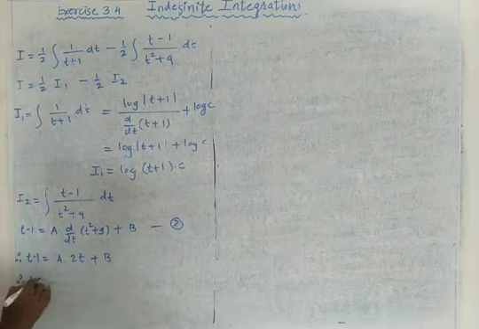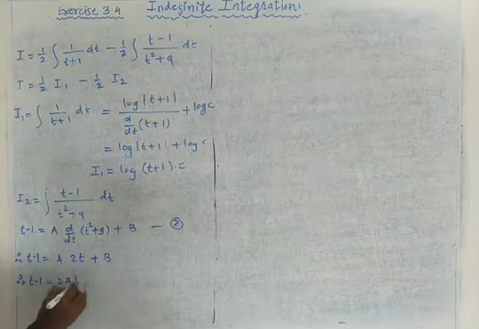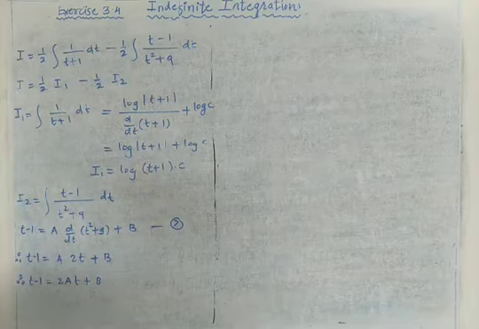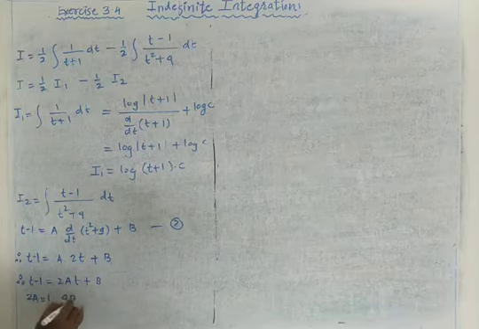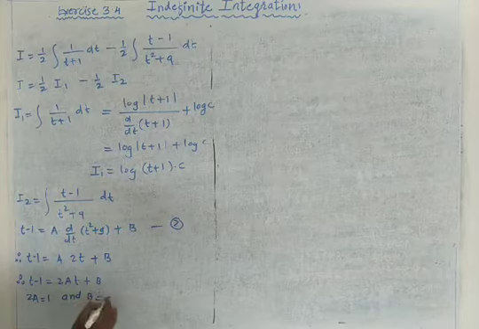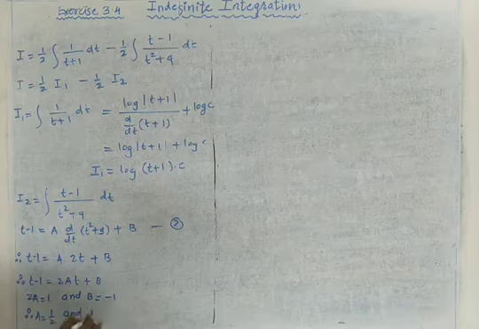Therefore t minus 1 is equal to 2at plus b. Now comparing coefficients of variable term t and constant, we get 2a is equal to 1 and b is equal to minus 1. Therefore a is equal to half and b is equal to minus 1.